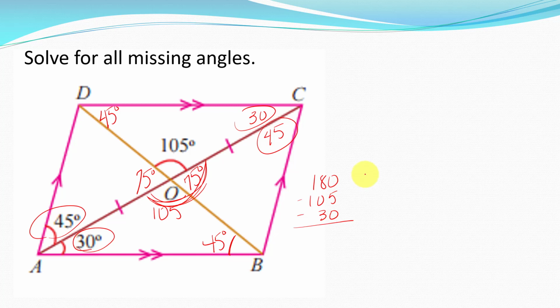So we've got 180 minus 75 and 45, that is 120. That should leave 60 degrees here. And if that's 60, then this one is 60. That's how you would find all those missing angles.